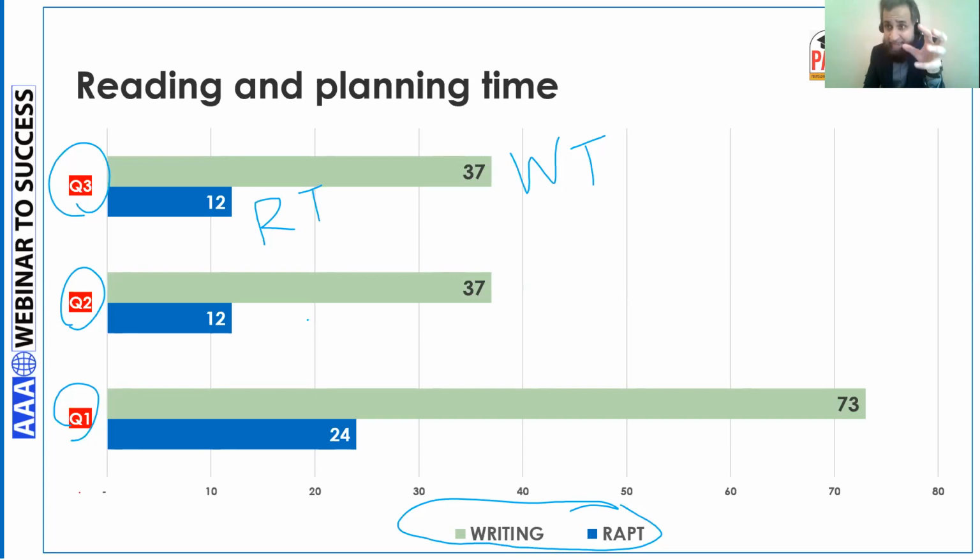Reading and planning contributes to success, not writing, because you can only write when you have done a good reading and planning. Try to imagine the input of writing a good answer. What is the input of writing a good answer? Reading and planning. And you don't do that.